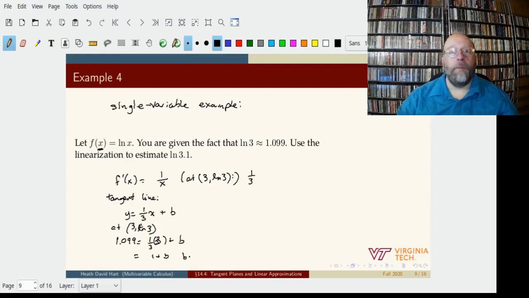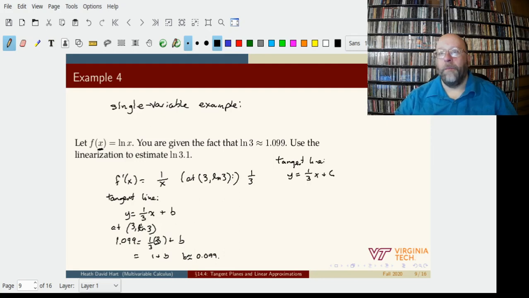And so b is about 0.099. And so the tangent line is y equals 1/3 x plus 0.099.